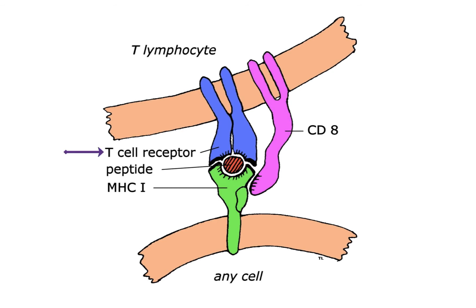And then a T cell receptor that is compatible with that. That is, it fits into the cleft perfectly, so it recognizes that epitope also. And then there's a CD8 receptor also that connects those all together.